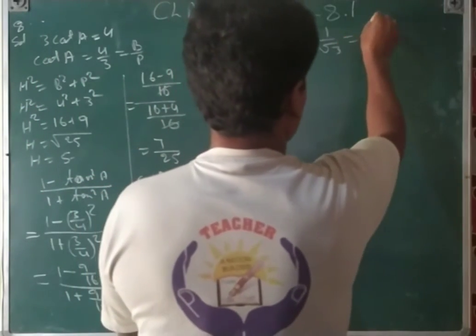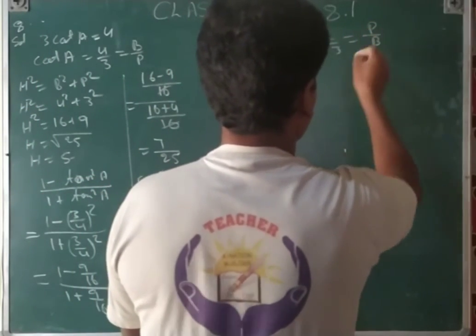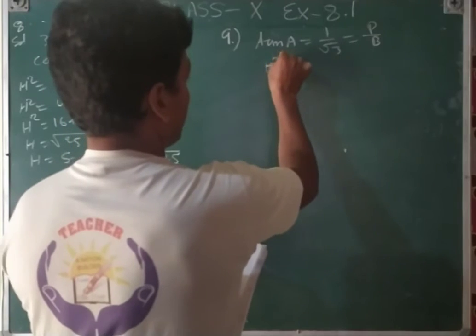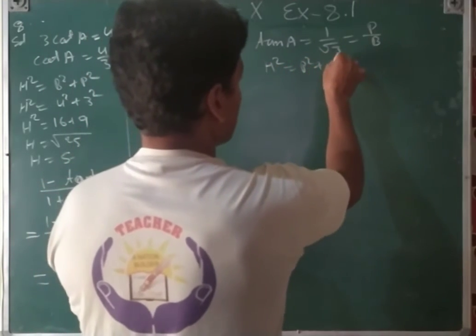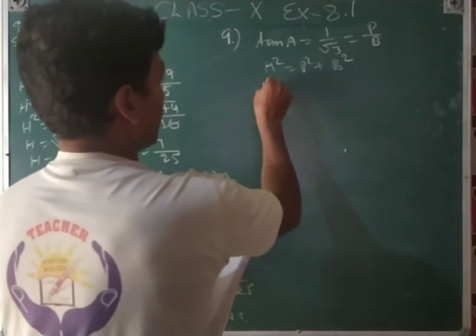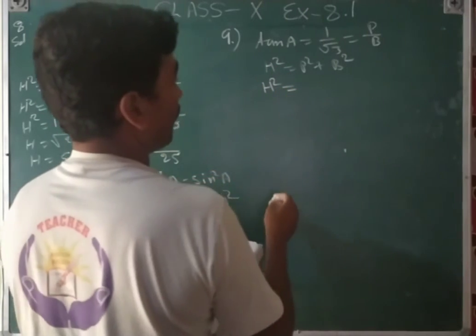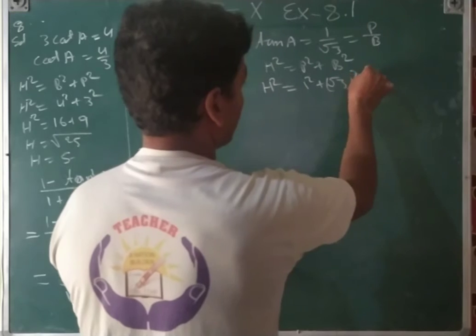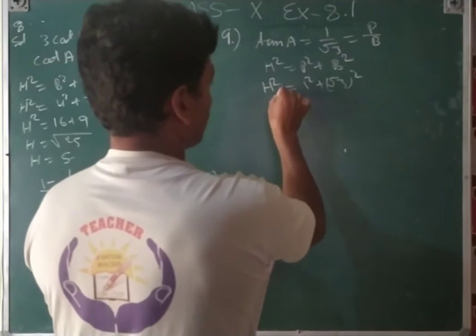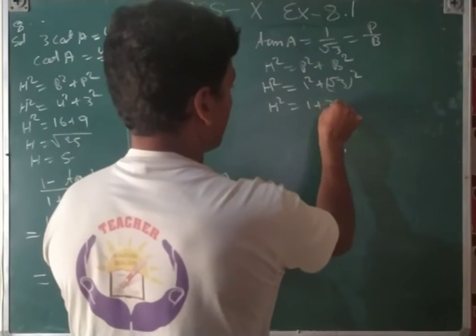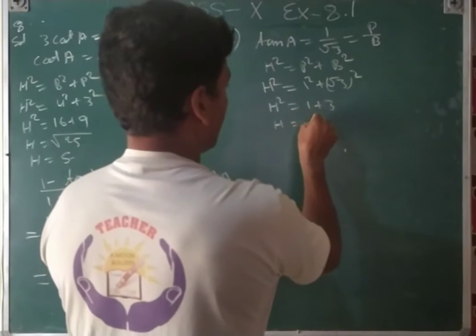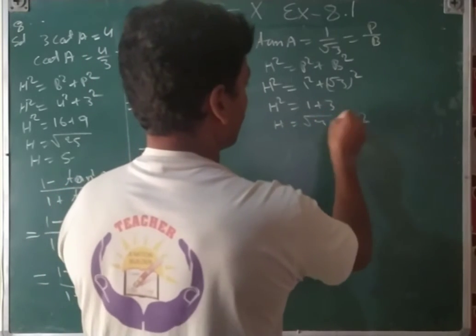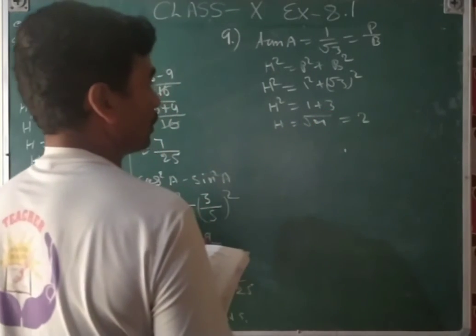So tan means, we know, p upon b. So that h square is equal to p square plus b square. So h square is equal to p is 1 square plus under root 3 square. So that will be h square is equal to 1 plus 3. So h is equal to under root 4. It means 2. Under root 4 means 2.